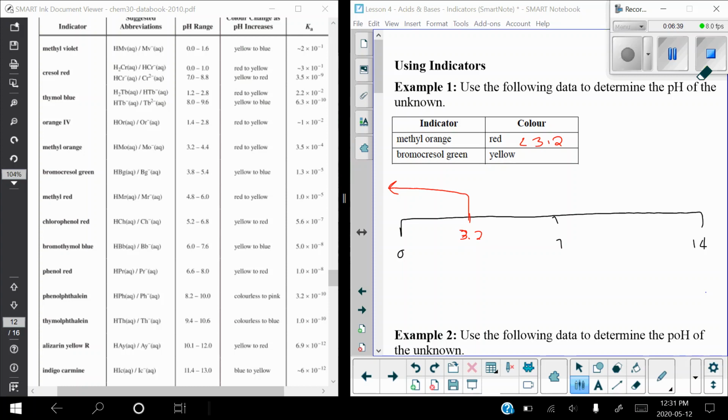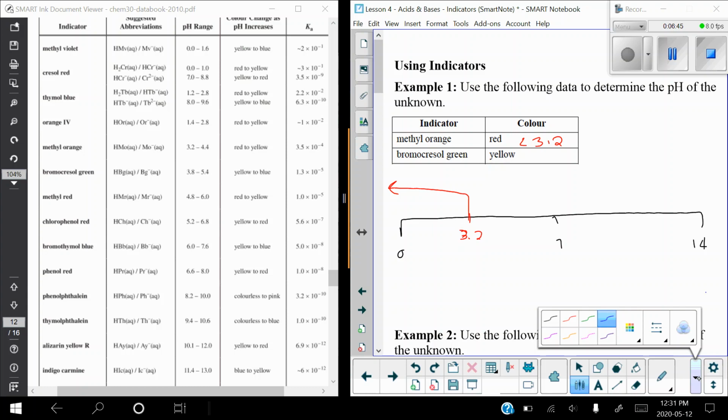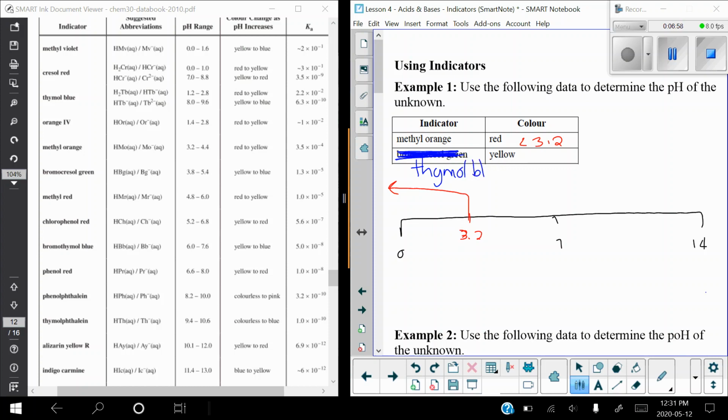Actually, my apologies. This should not say bromo-cresol green. It should be saying thymol blue. Just going to change that. So this should be thymol blue. And yes, it did turn it yellow. So I find thymol blue.